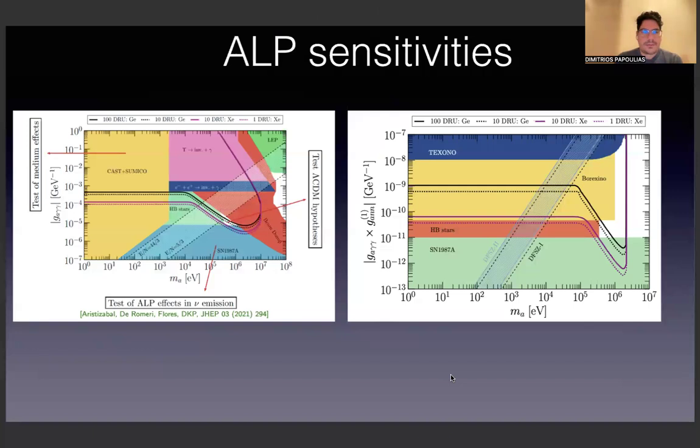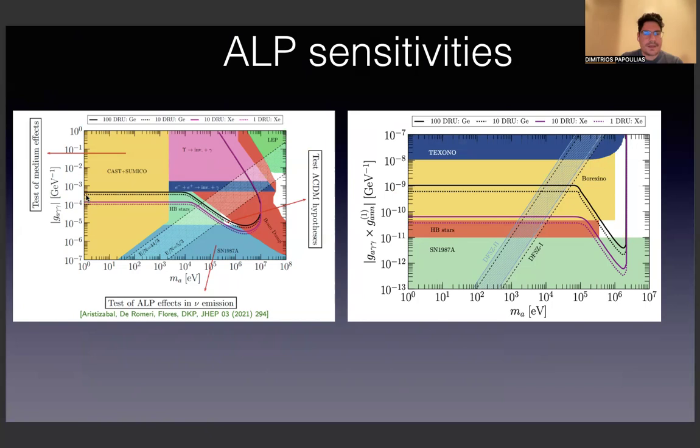So we have analyzed the expected data of these ALP signatures and compared them with the expected data of neutrino signatures at the same experiments. And we have put constraints in the parameter space of ALP photon coupling versus ALP mass, or combinations of ALP photon coupling times ALP nucleon coupling versus the ALP mass.